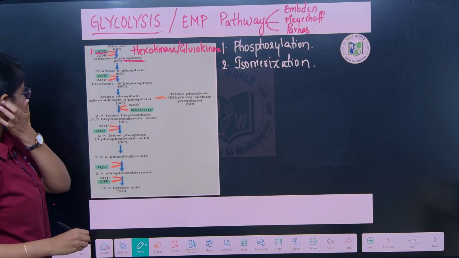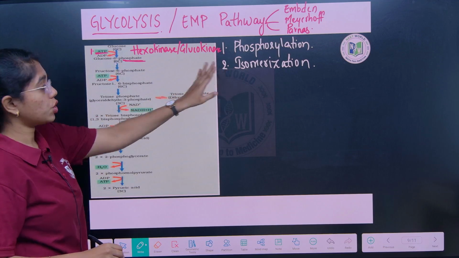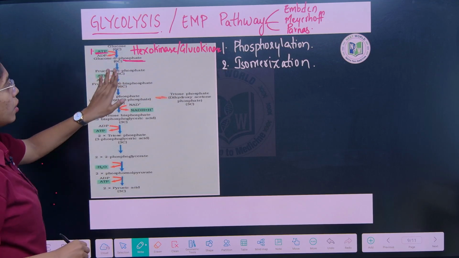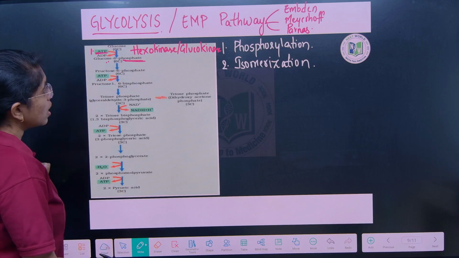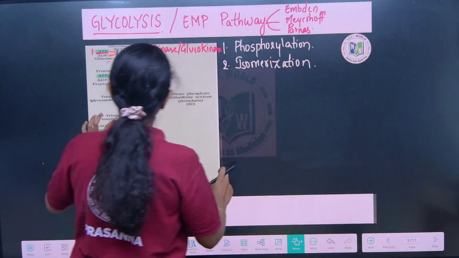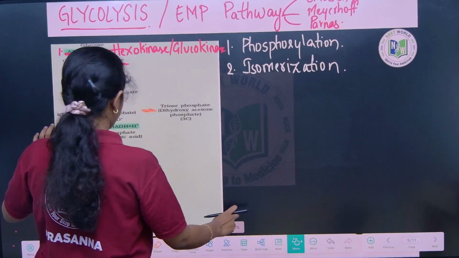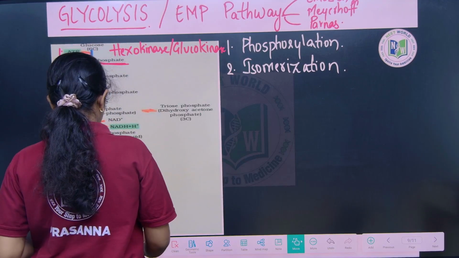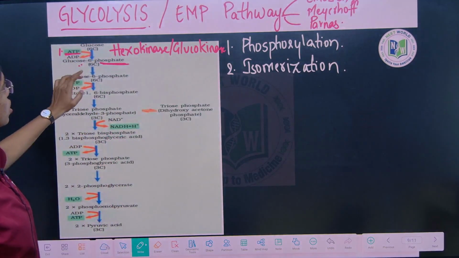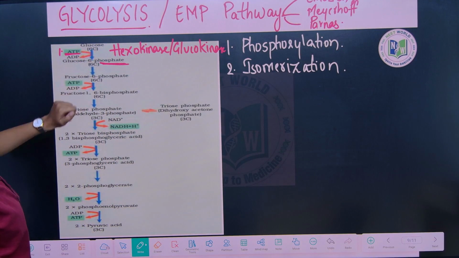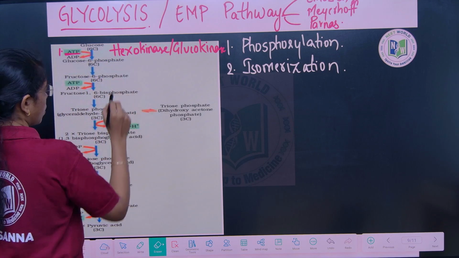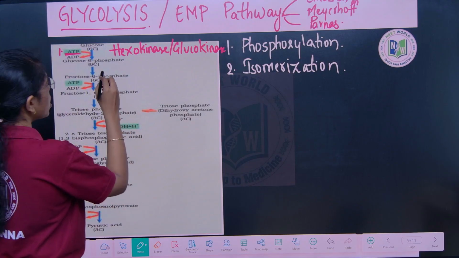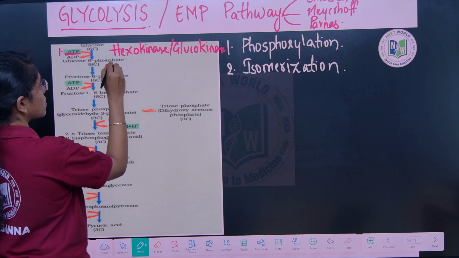In the second step, isomerization, there is no energy requirement for glucose 6-phosphate to isomerize to fructose 6-phosphate. The enzyme catalyzing this is phosphohexoisomerase.